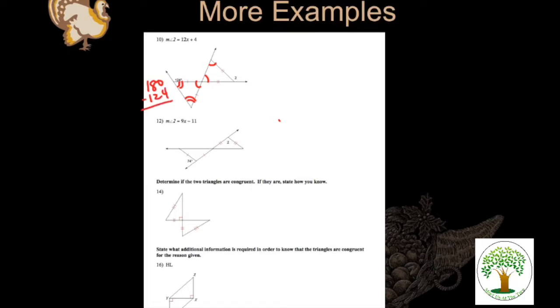If you need to do that on your calculator, you can pause it and do that and come back when you've got the answer. I got 56. So the measure of this angle right here is 56.